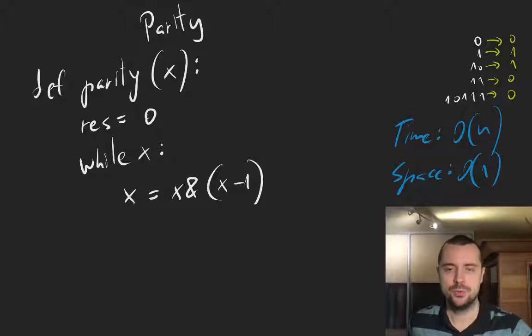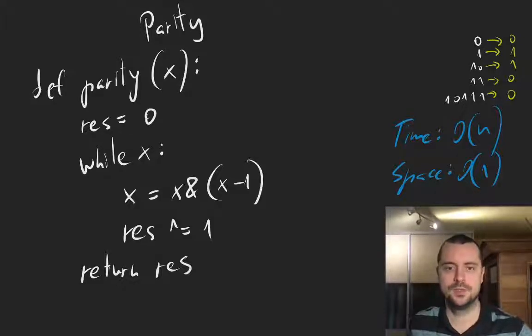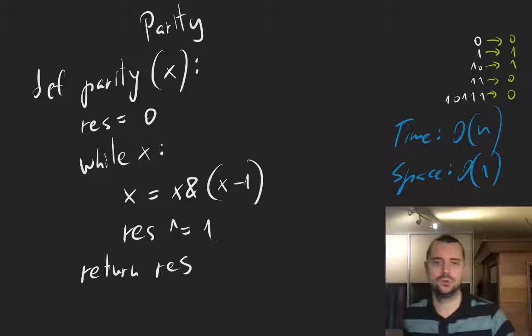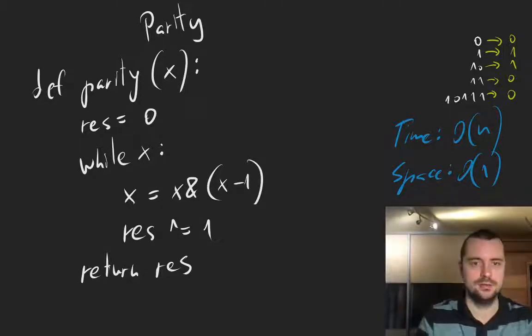Okay, so we remove the least significant bit, and we need to toggle the res variable. So we toggle it with the XOR operator, and after we're done, we just return res, right? Okay, cool.